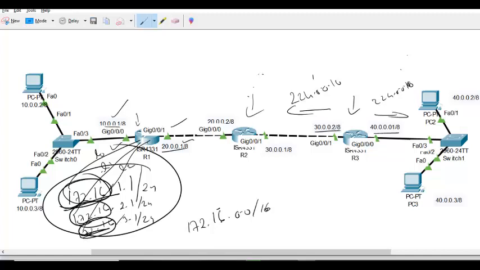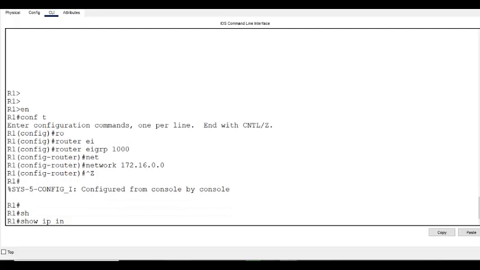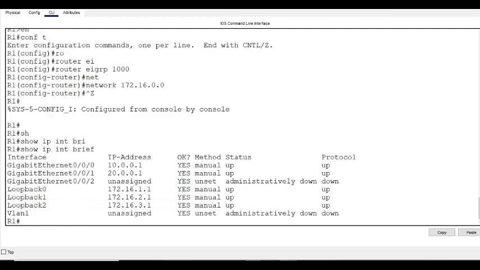So when you use this command, it is actually enabling EIGRP on all the interfaces that have got 172.16. Right. What are the other 2 networks in this router? 10 and 20.